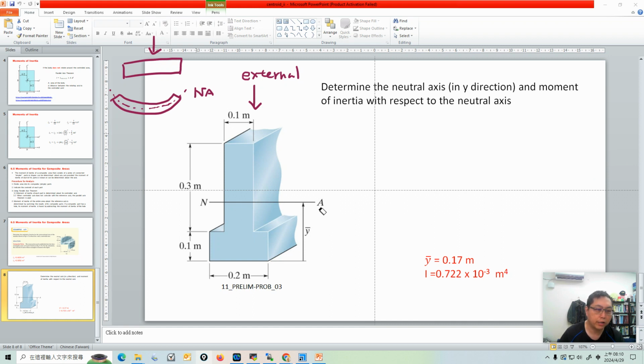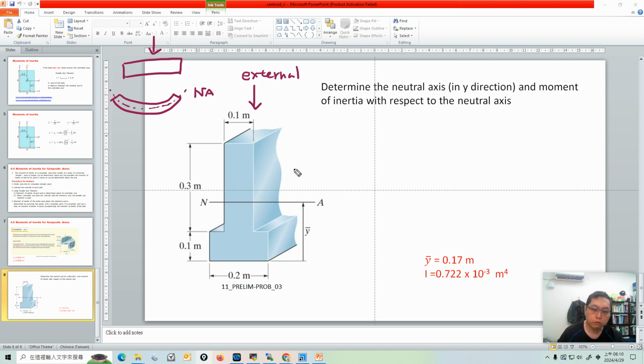So where is the neutral axis in the y direction? In this problem we need to use the technique we used before, just like when we calculated the centroid of a composite area.